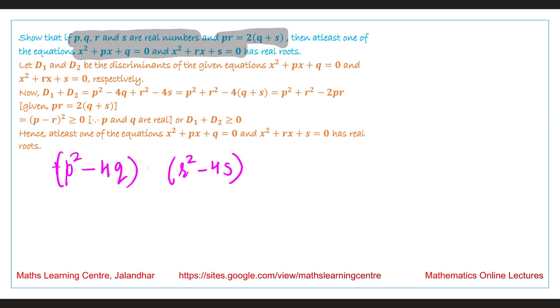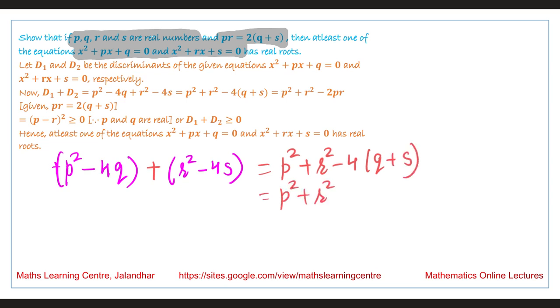Now if we add both these values, the answer we obtain is p squared plus r squared minus 4 times (q plus s). This is equal to p squared plus r squared minus 2 times 2(q plus s), and the value of 2(q plus s) is pr.